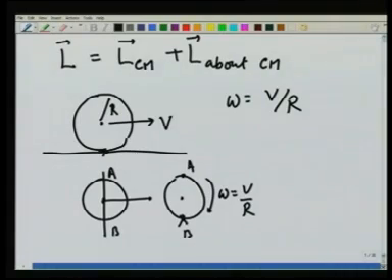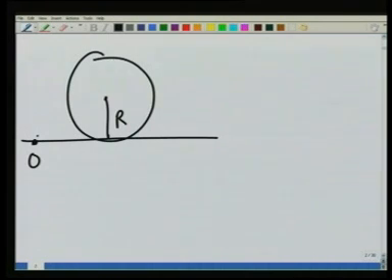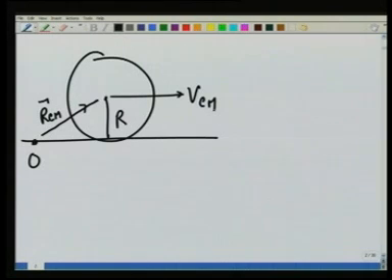So, the angular momentum for this, if I take the origin here, this is r, is going to be, this is r CM, this is v CM.